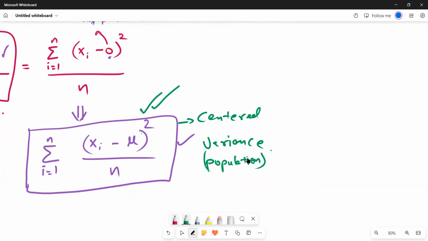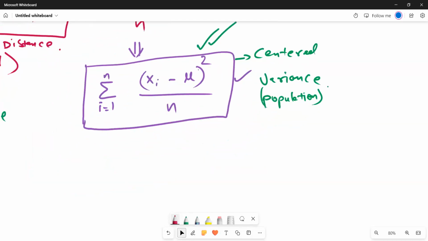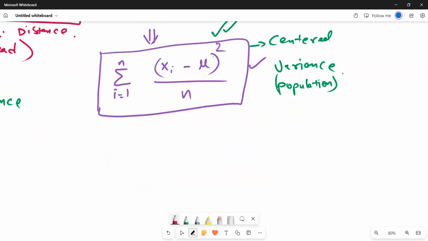And this particular formula further changes like this. The formula becomes summation of i equals 1 to n, (xi minus mu) whole square, which will remain as it is.